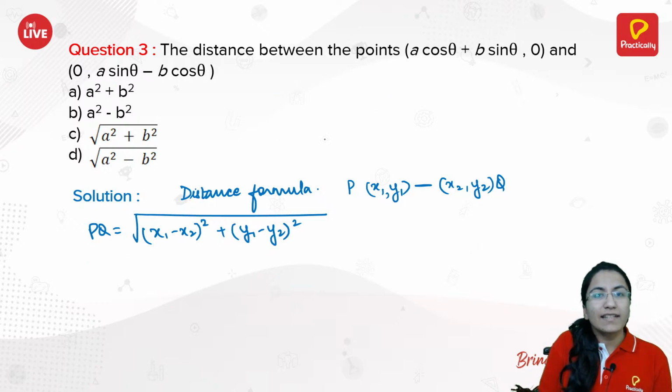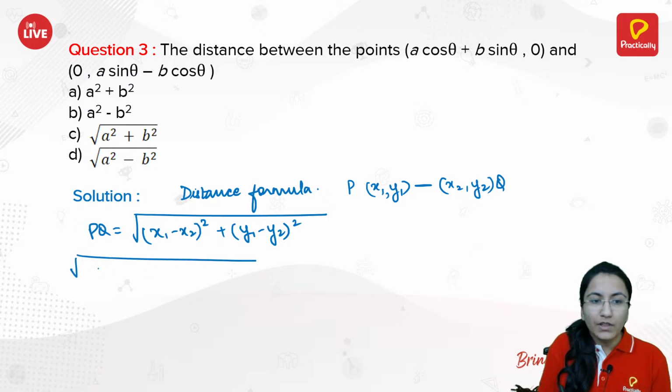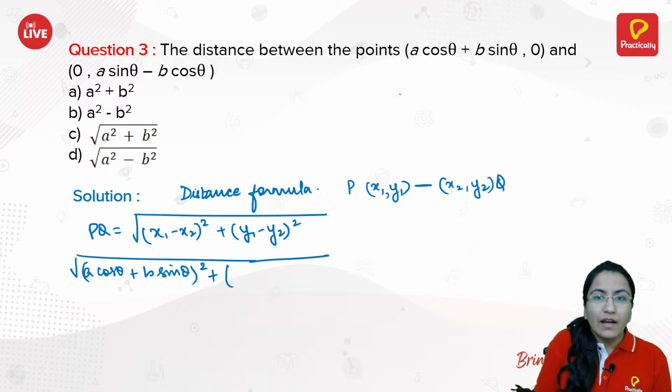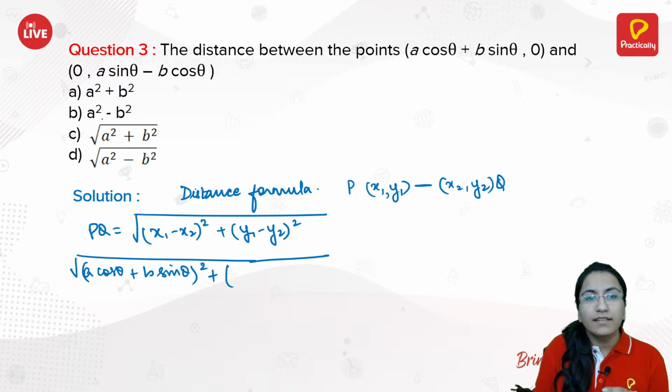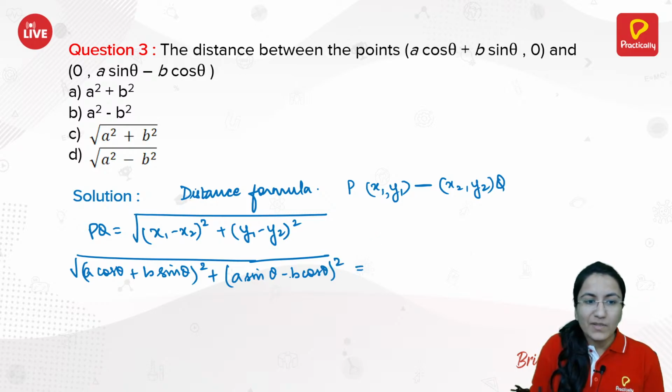So the distance between these 2 points would be under root a cos theta plus b sin theta minus 0, as it is square, plus 0 minus a sin theta minus b cos theta, that is same as a sin theta minus b cos theta whole square. Just simplify this as much as possible.